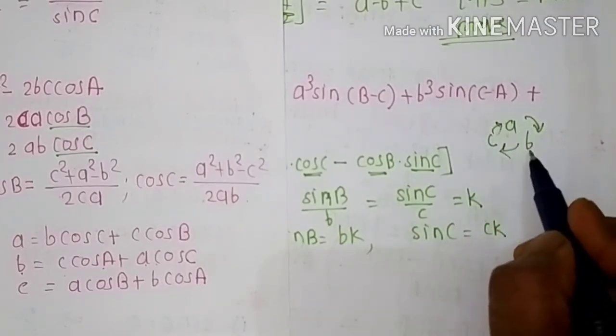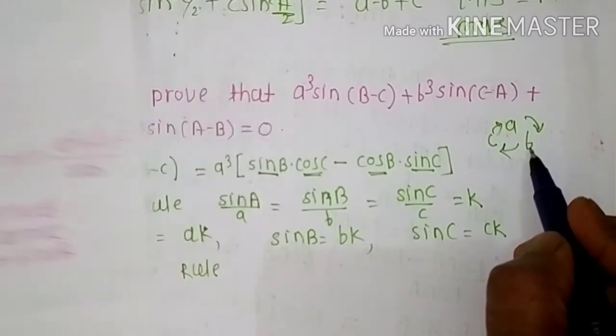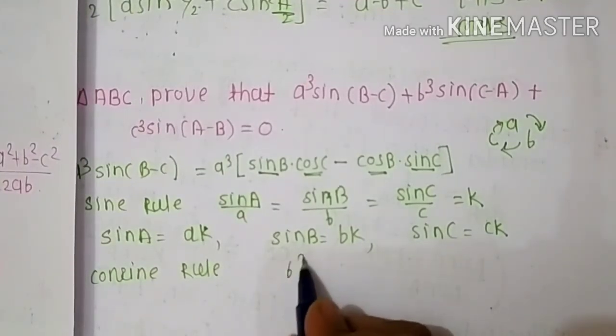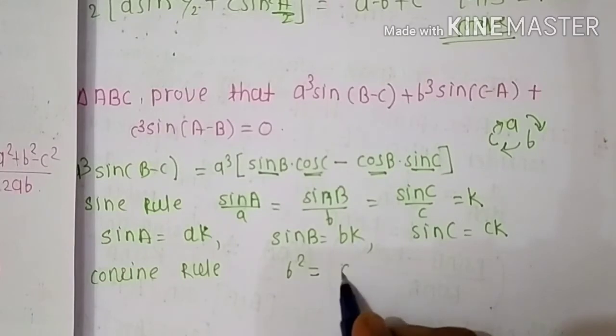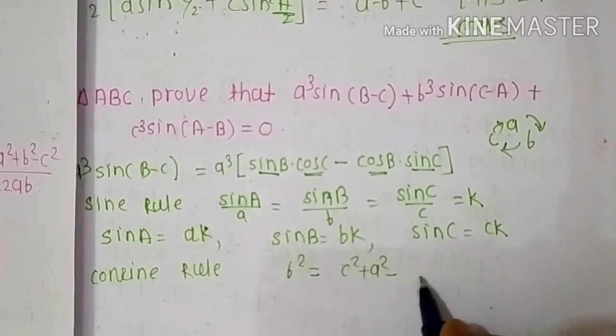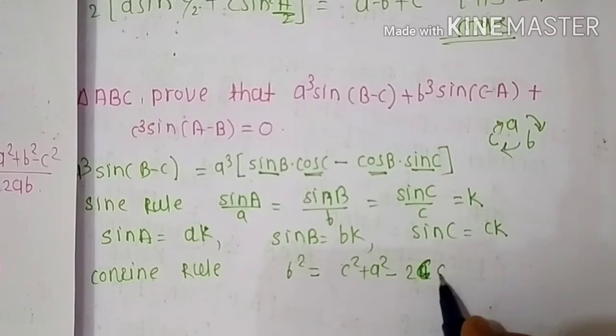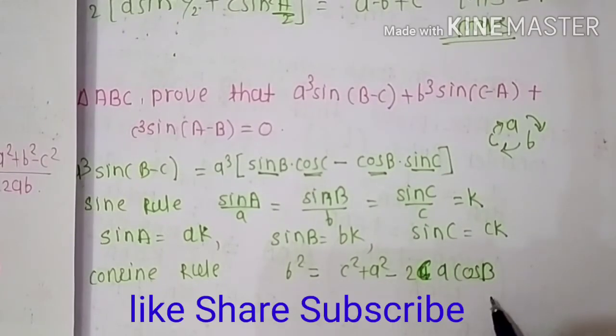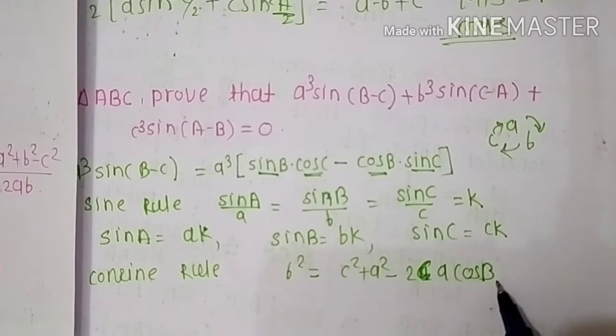If we want cos b, the formula is b square is equal to c square plus a square minus twice ca into cos b. That is how to remember cos b: b square is equal to c square plus a square minus 2 times ca into cos b.